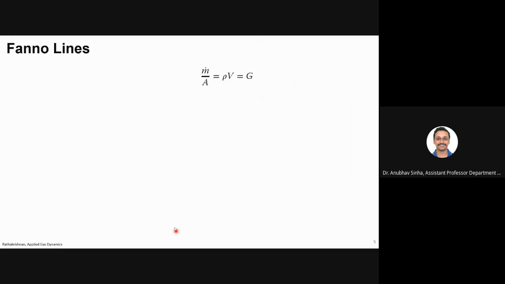Now from this I can say that V is equal to G by rho, right? Just transfer rho from LHS to RHS. If you square this, I can say V square, and dividing by 2, V square by 2 is equal to G square by 2 rho square. Now this is also what we had in the last slide.